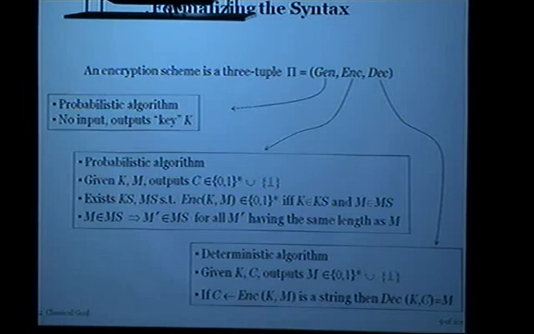Now for the decryption algorithm, as I said earlier, I'm going to formalize this to be a deterministic algorithm. It takes in the key k, a string, a ciphertext c, another binary string, and it outputs either a string, which we'll call the corresponding plain text or message, or again it may output this distinguished bottom symbol.